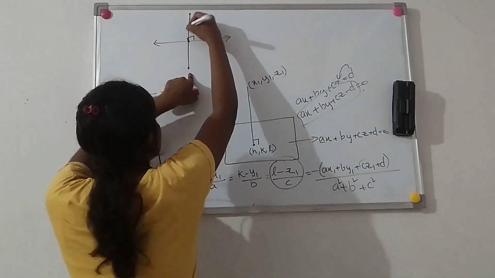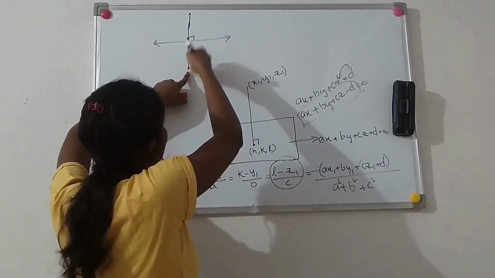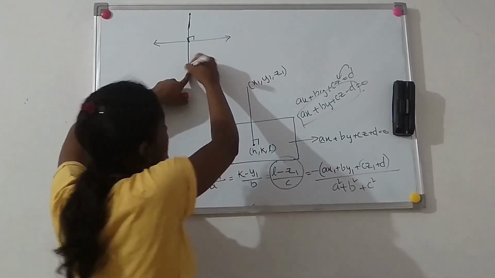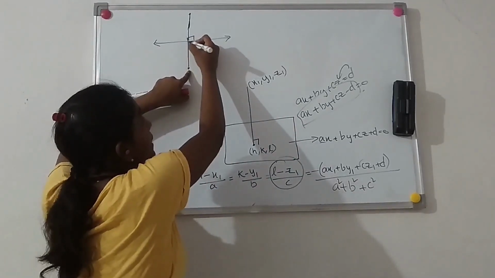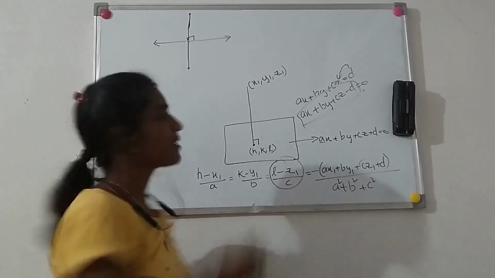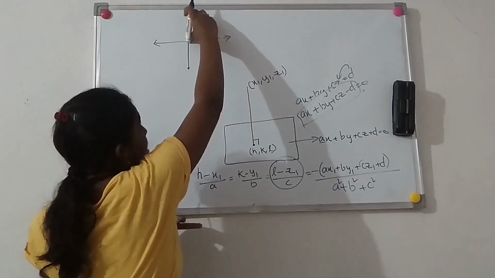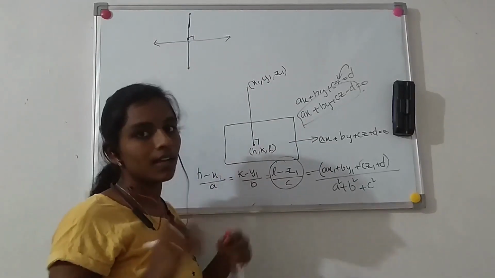When I draw the perpendicular line and mark a point, the foot of the perpendicular must be the midpoint of these two points. That will be the image of the point. That is, the distance from the foot to each of these two points must be the same. That will become the image, right?